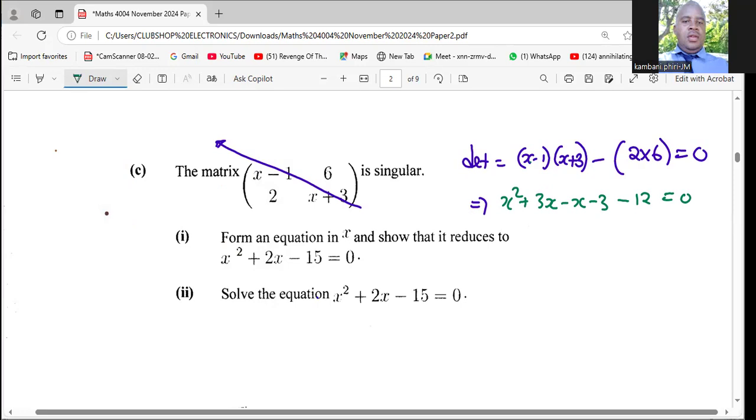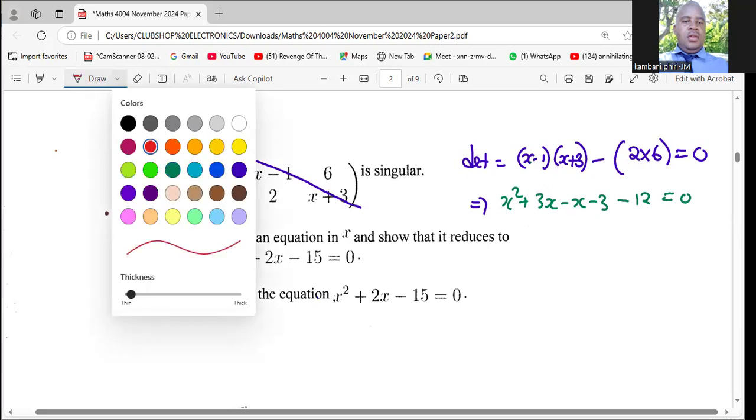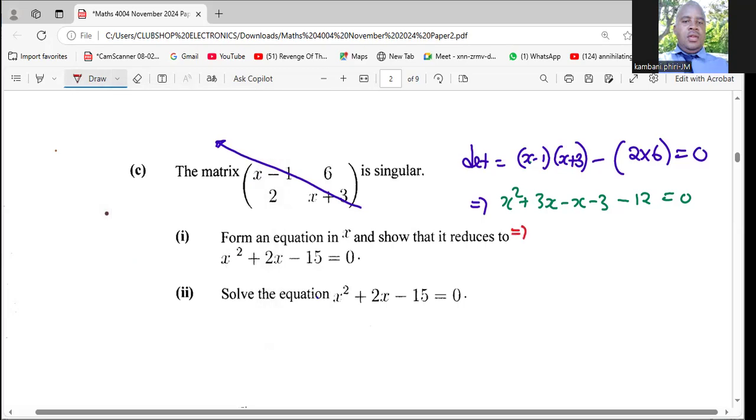So this implies that we have x squared, 3x minus x, that is plus 2x, negative 3 minus 12, that's negative 15, and this is equal to 0 as required.